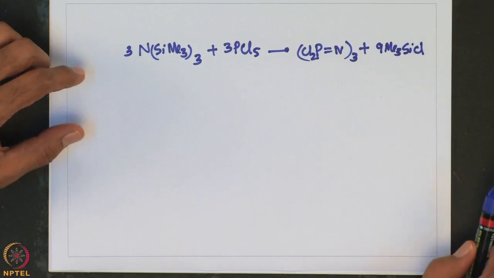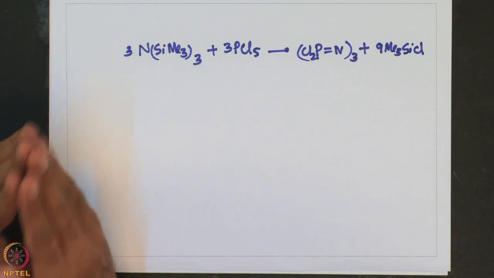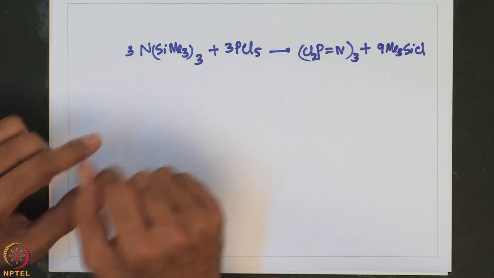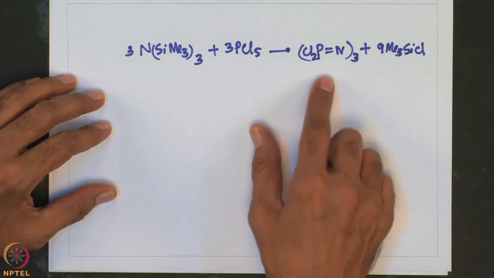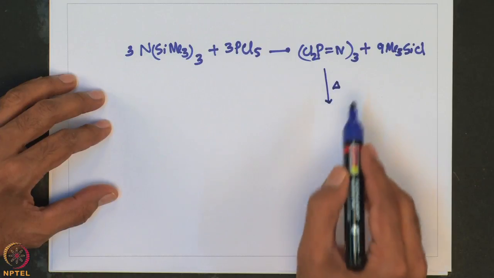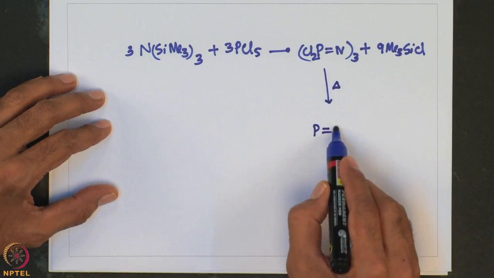Yields of this trimer can be optimized by ensuring a slow rate of addition of PCl5 to this amine, and once the trimer is made, one can conveniently heat it further to get the polyphosphazene.